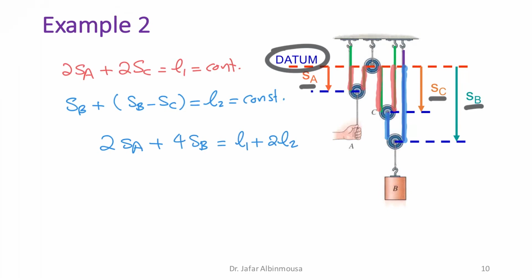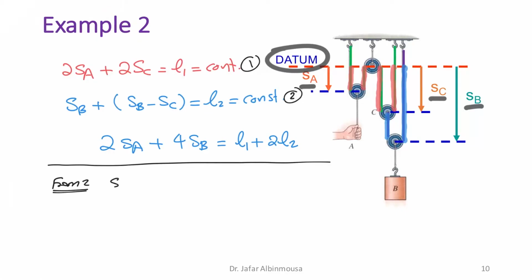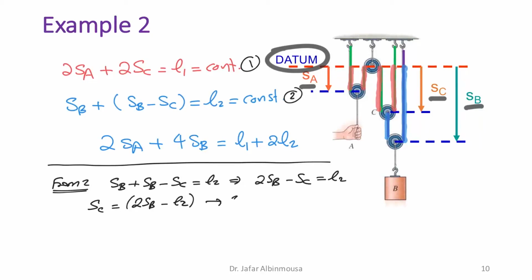If I want to write this in detail, let me quickly show you how I did this. If we call this equation number 1 and this one equation number 2, then from equation number 2 we have SB plus SB minus SC equals L2, which gives 2SB minus SC equals L2. So if I solve for SC, I will get SC equals 2SB minus L2. This is equation 3.